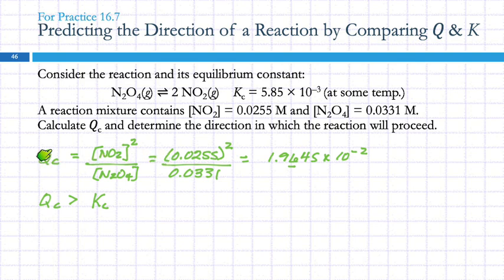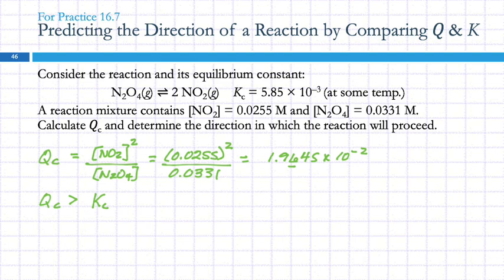If this needs to get smaller, should the numerator get bigger or smaller? It needs to get smaller. If we want this number to be smaller, the numerator has to get smaller and the denominator has to get bigger. Does that make sense? So is that going to happen if we go in the forward direction or the reverse direction?